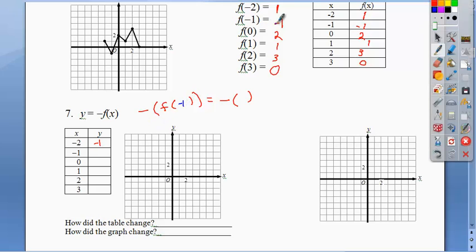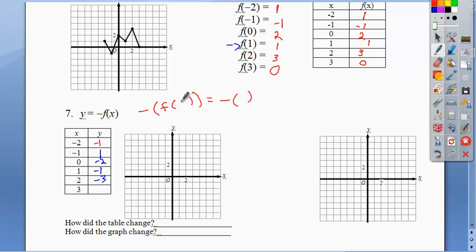Negative 1 gave me a value of negative 1, and negative negative gave me positive. f of 0 was a value of 2, so negative 2 will be my answer here. f of 1 had a total value of 1, so again negative 1. f of 2 gave me a value of 3, so negative 3.